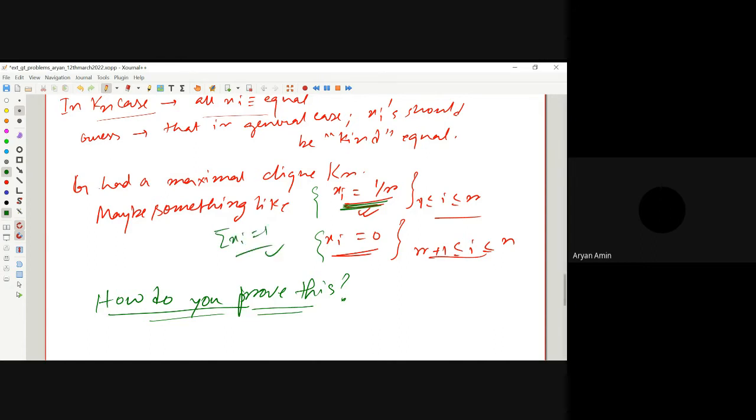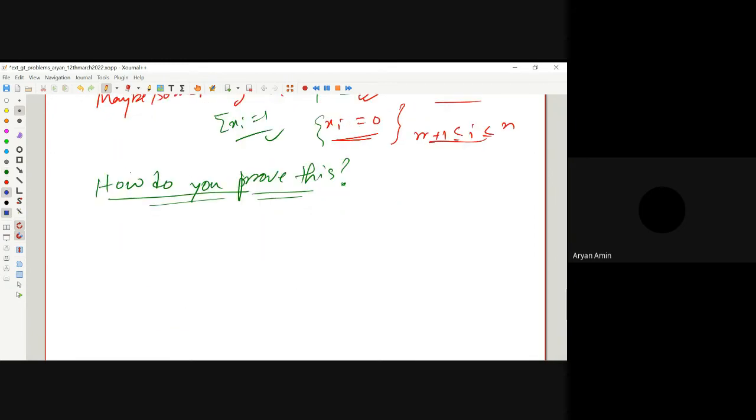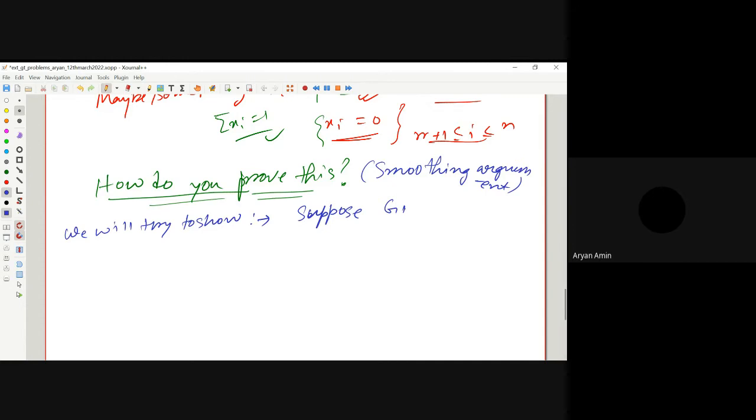So what we will do is a smoothing argument. Note that in the alleged equality case, we have a lot of variables 0, right? So we will try to show, suppose u comma v is not an edge, right?